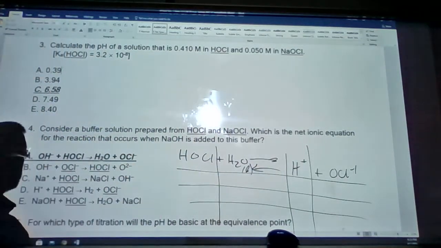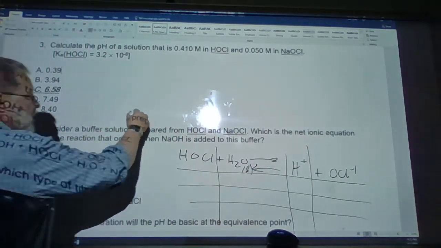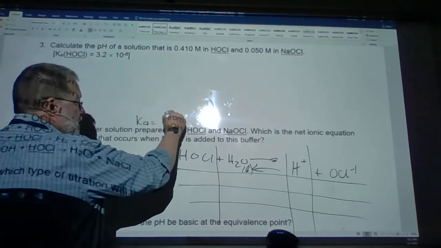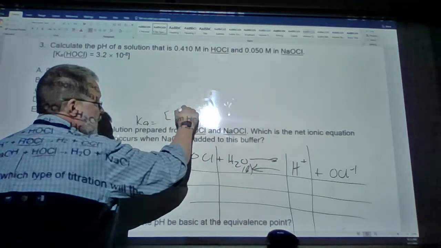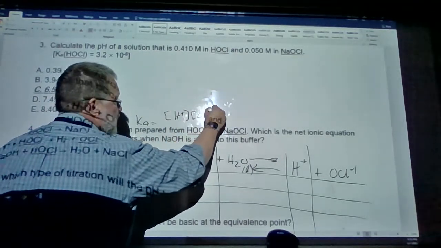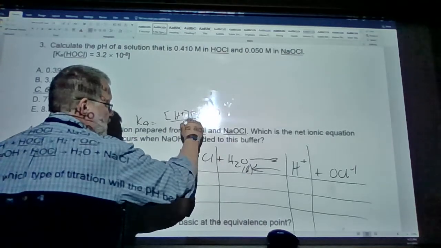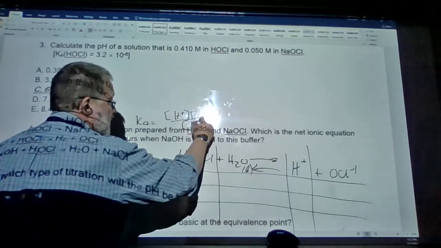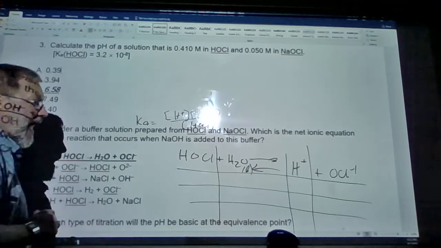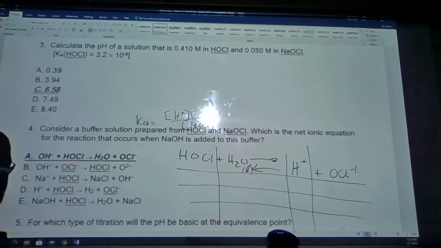If we look at that reaction, Ka is equal to the concentration of H plus times the concentration of OCl minus divided by the concentration of HOCl at equilibrium.